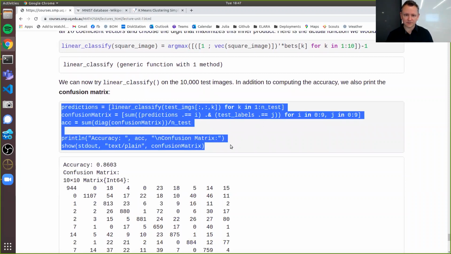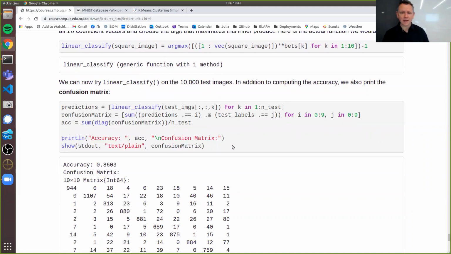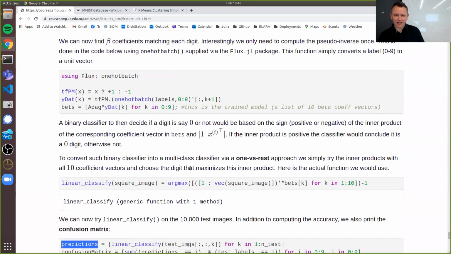But we can see we have all these different predictions, and we now want to answer the question, how well did we do? Given we found that pseudo-inverse, we need a test set.